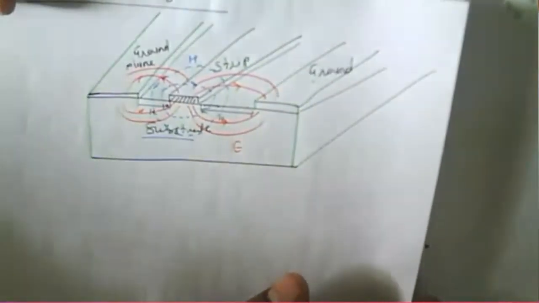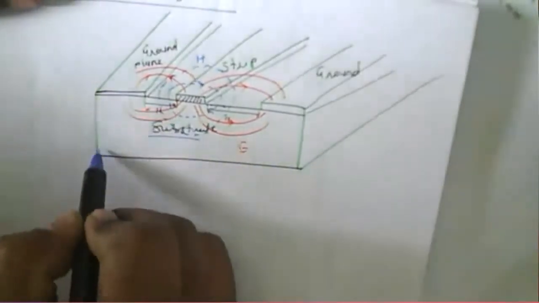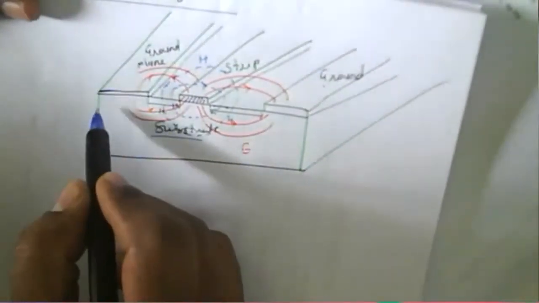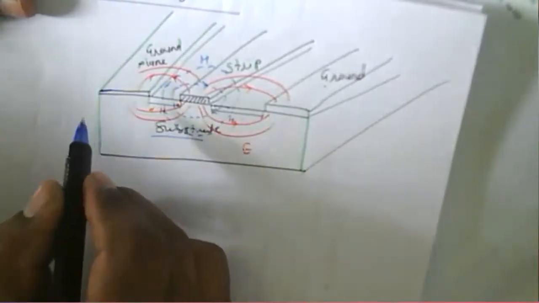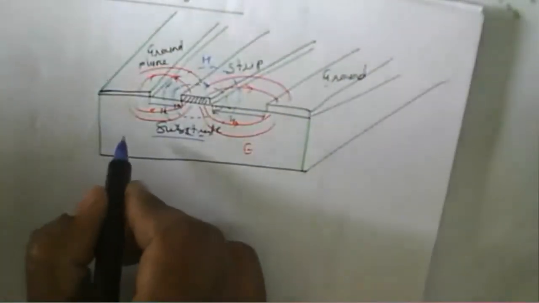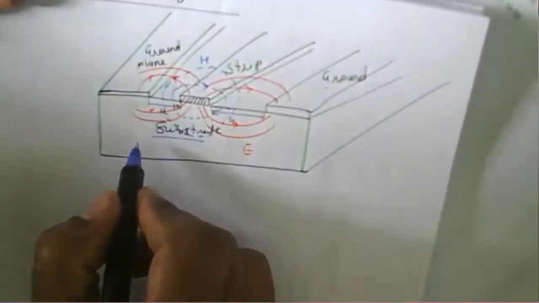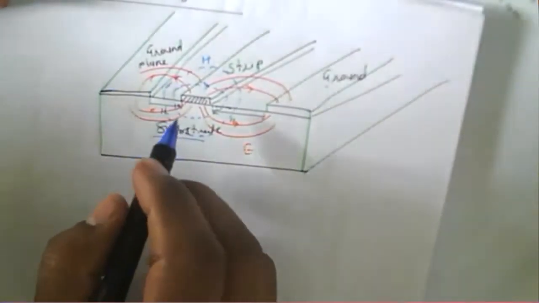Similarly, there are disadvantages for this, because we are using a substrate here. This is nothing but a substrate under this particular line, and that substrate can be thick or thin. If we use a thick substrate, we can avoid whatever noise there is.